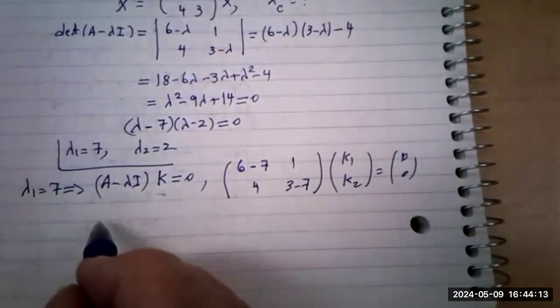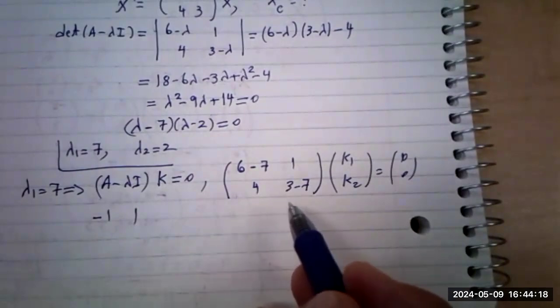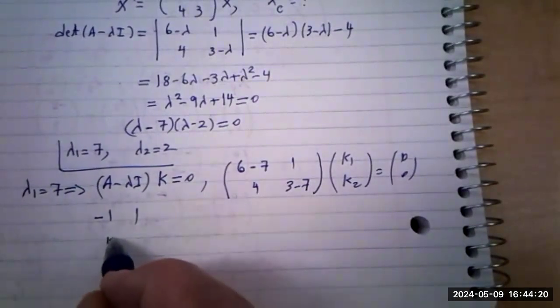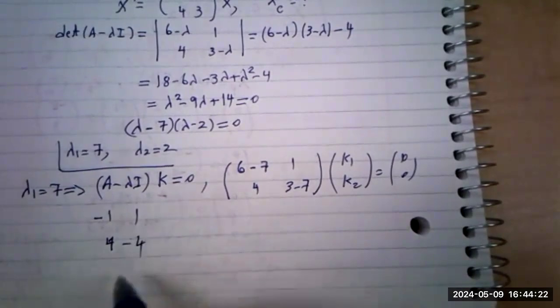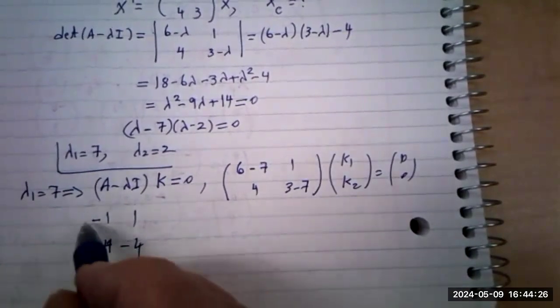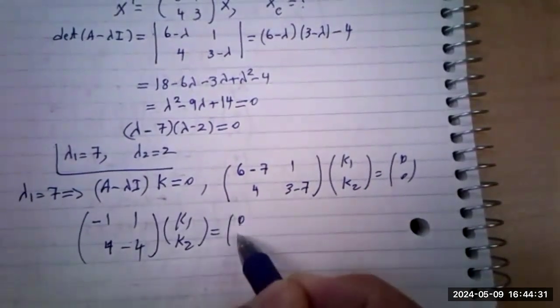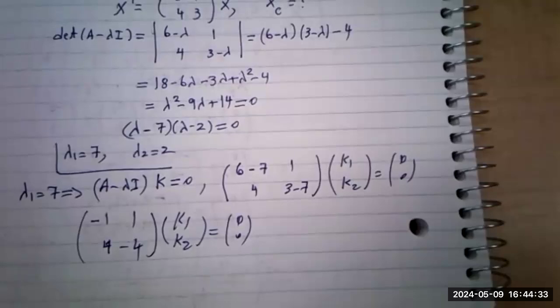To simplify, that gives you negative 1, 1, and 4, negative 4. This is just a dependent system.